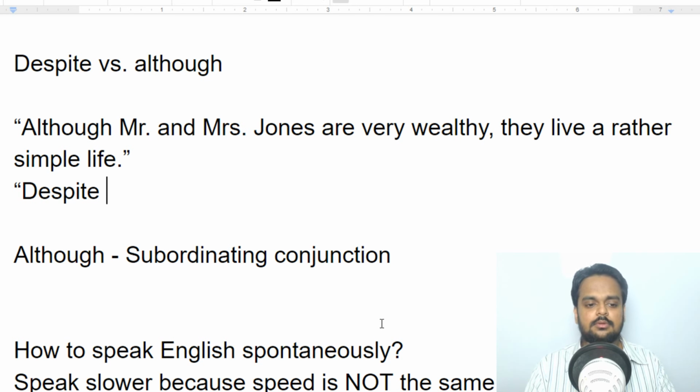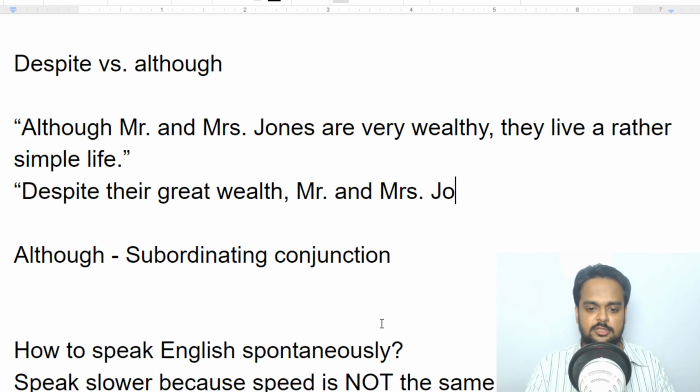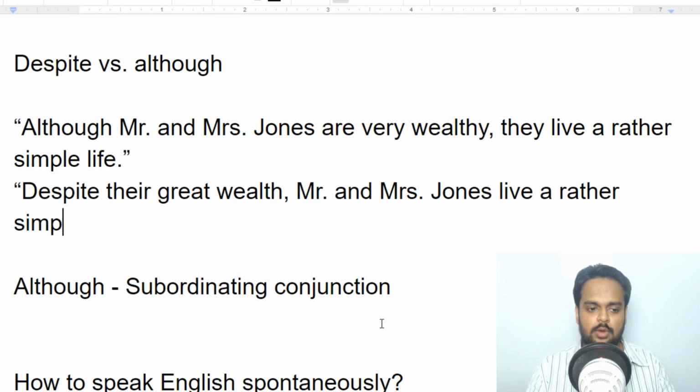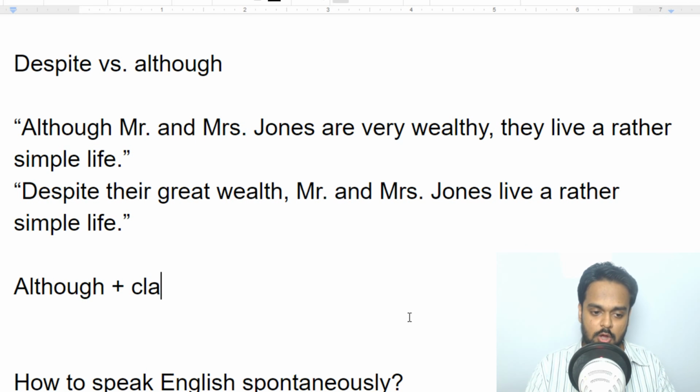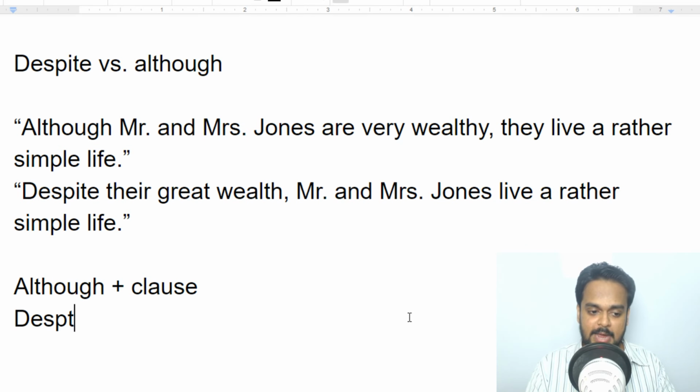Despite their great wealth, Mr. and Mrs. Jones live a rather simple life. Despite their great wealth. What we have here, so with although, we had a clause. With despite, we have a noun phrase.